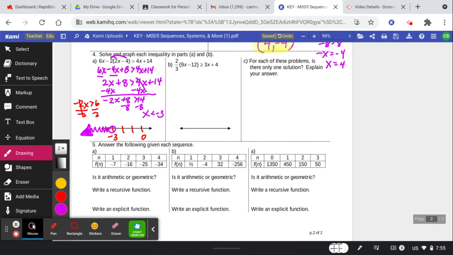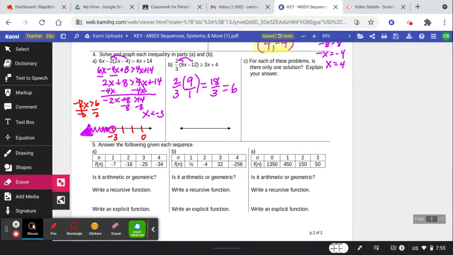For the next one, we've got this 2/3 times 9 and 2/3 times 12. So I just want to remind you that 2/3 times 9 is like saying top times top, or 18, and bottom times bottom, which is 3. And 18 over 3 is just 6. So 2/3 times 9x is going to give us 6x.